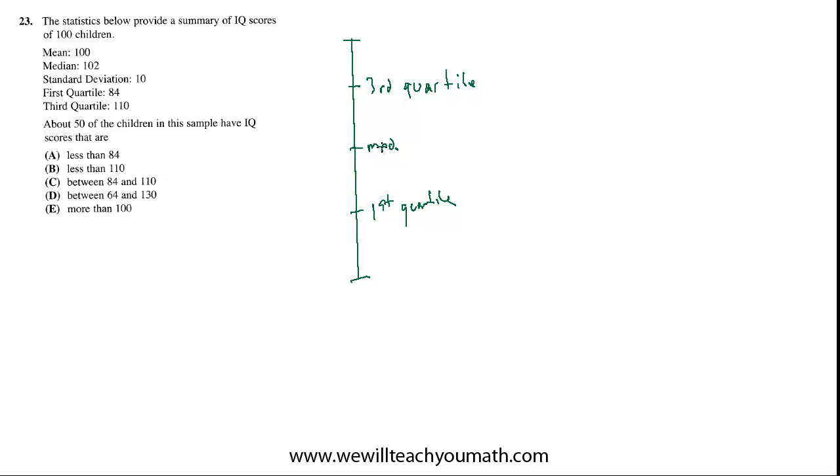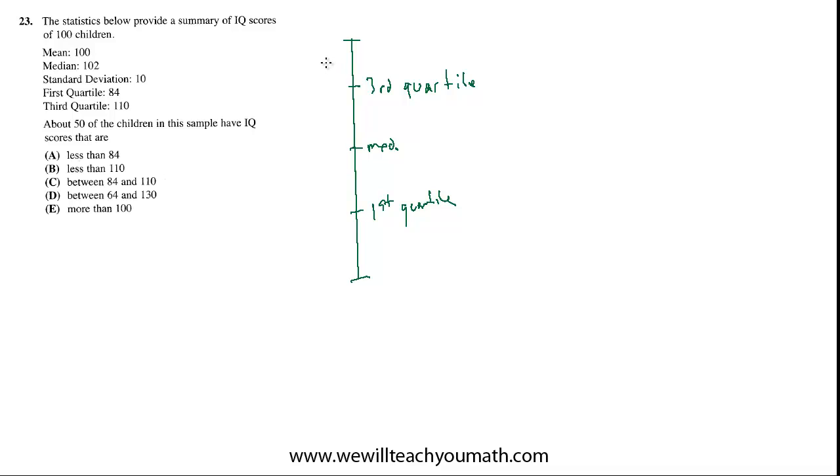And the median is the halfway point, so you could call that the second quartile, or probably just call it the median, right? Because 50% of the data is below the median and 50% is above, because the median is the middle value. So each quartile contains 25%, or 1/4, that's why it's called a quartile, of the data points.